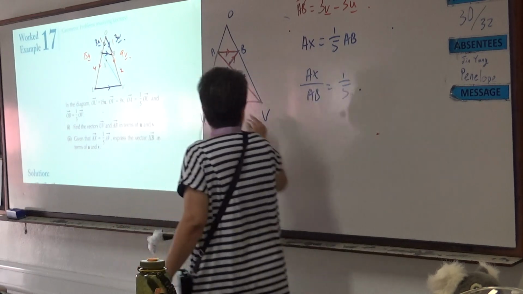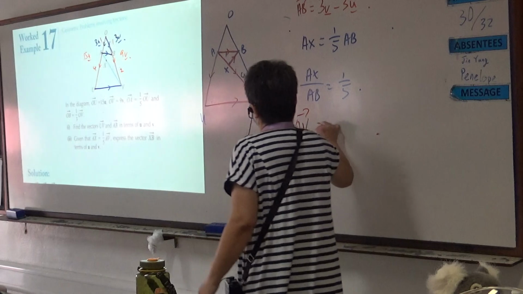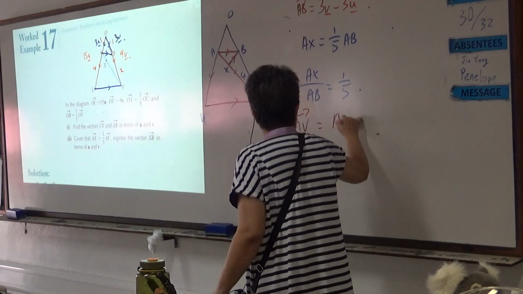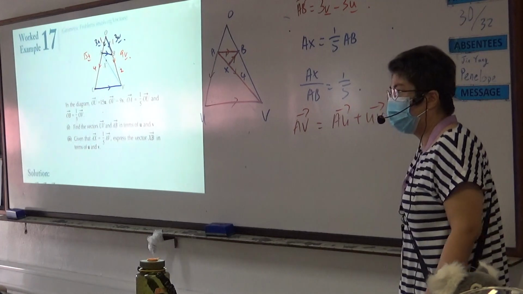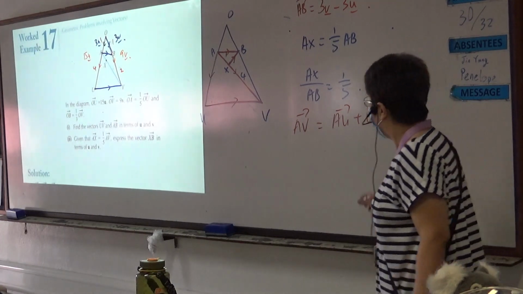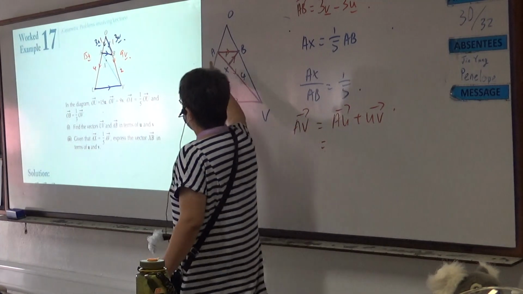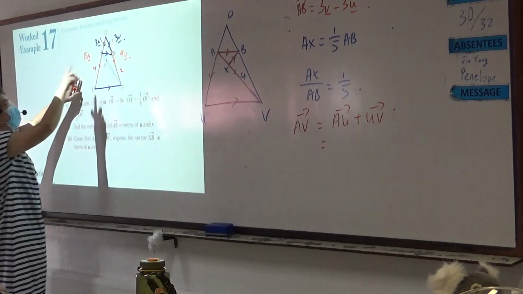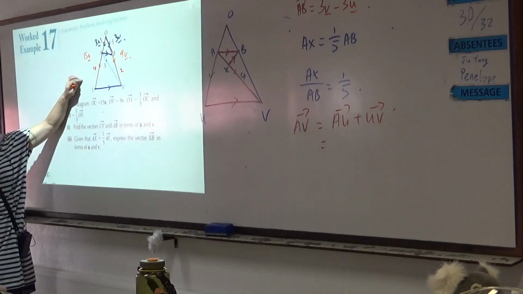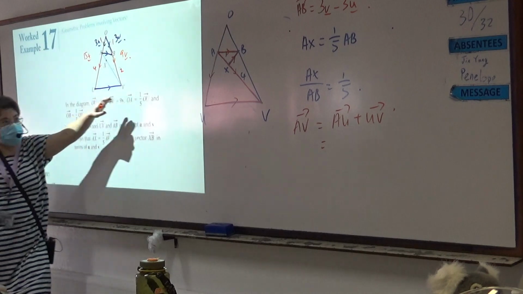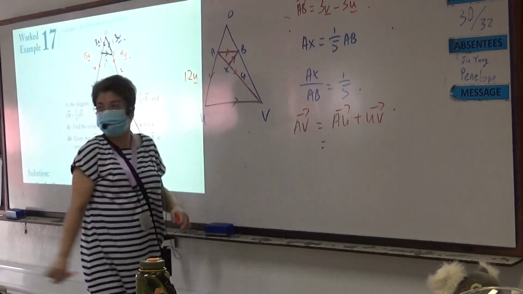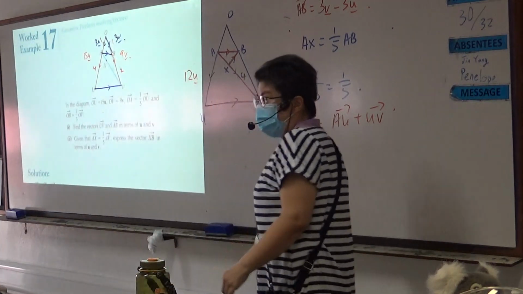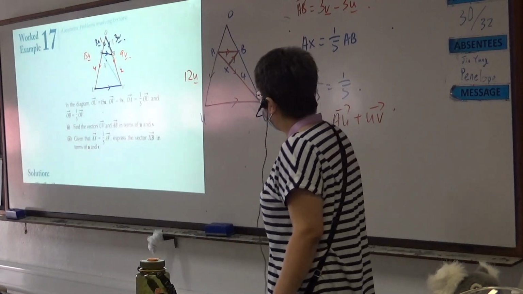Can you see that AV is actually AU plus UV? Now, just now, we know this 1 unit is 3U, right? This one is 4 units. So this AU will be 12U. Can you see it? Okay.